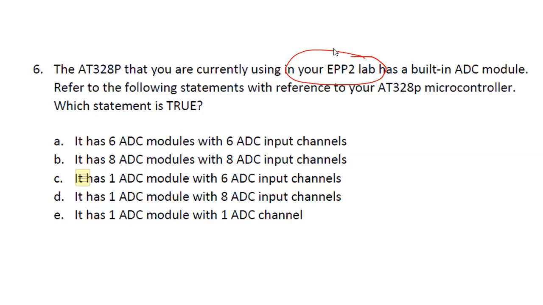But the one in our lab, the DIP package, actually has only 6 ADC input channels. Regardless of the package, we only have 1 ADC module. So in terms of ADC modules, we only have 1, but the particular version that we use in our lab has 6 ADC input channels. So the answer here is C. Okay, so that is question 6.